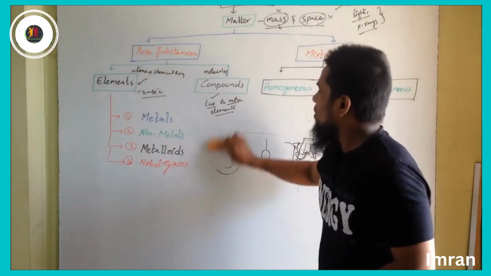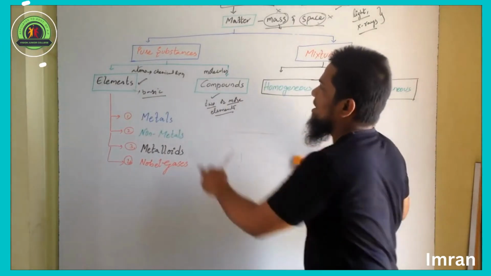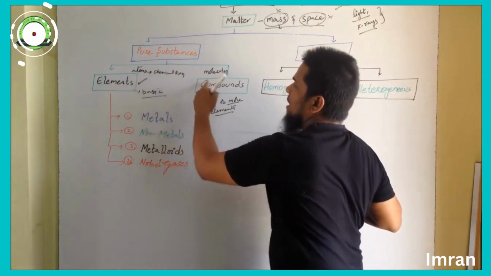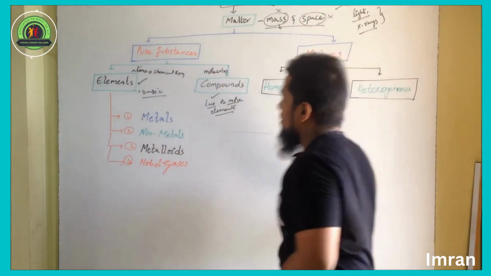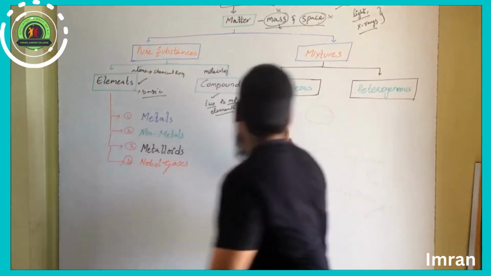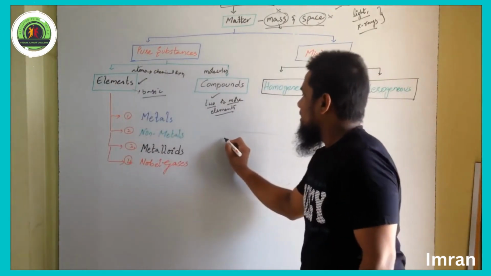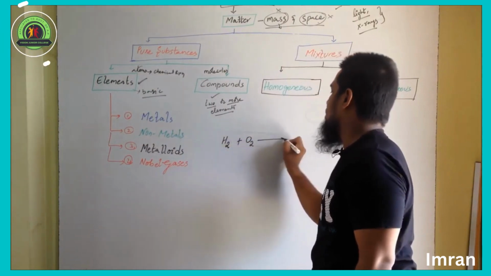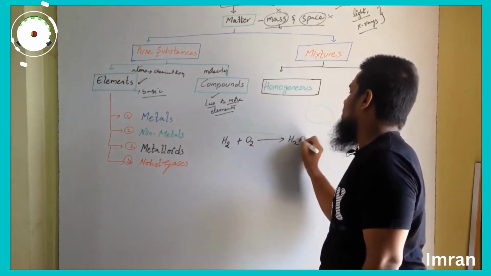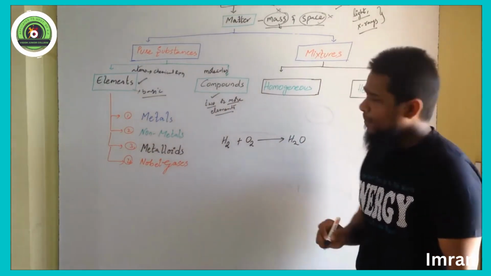Let's have one example so that we can differentiate elements, atoms and compounds. We will also get a clear idea about molecules. For example, take hydrogen H2 and oxygen O2. Imagine they are giving rise to water.